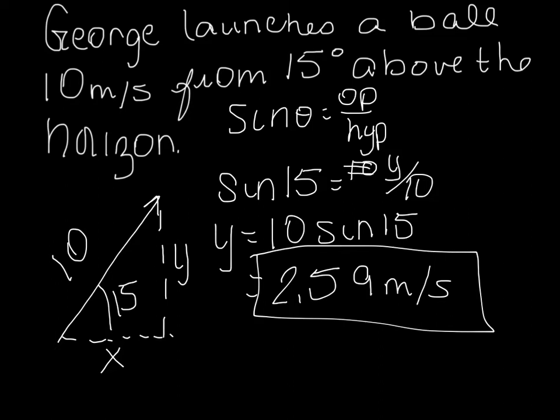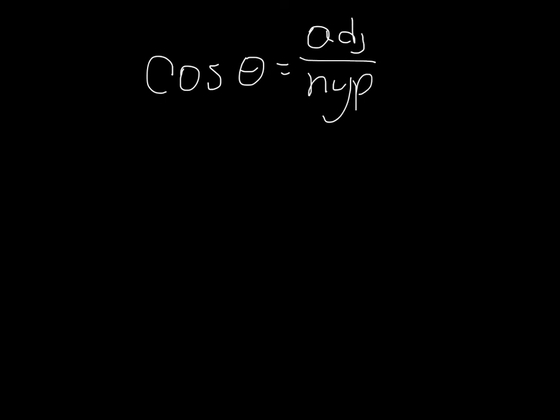Now let's look at the x component. The x component uses cosine. So cosine of the angle equals our adjacent over hypotenuse. That means cosine of 15 equals our adjacent, x, over 10.